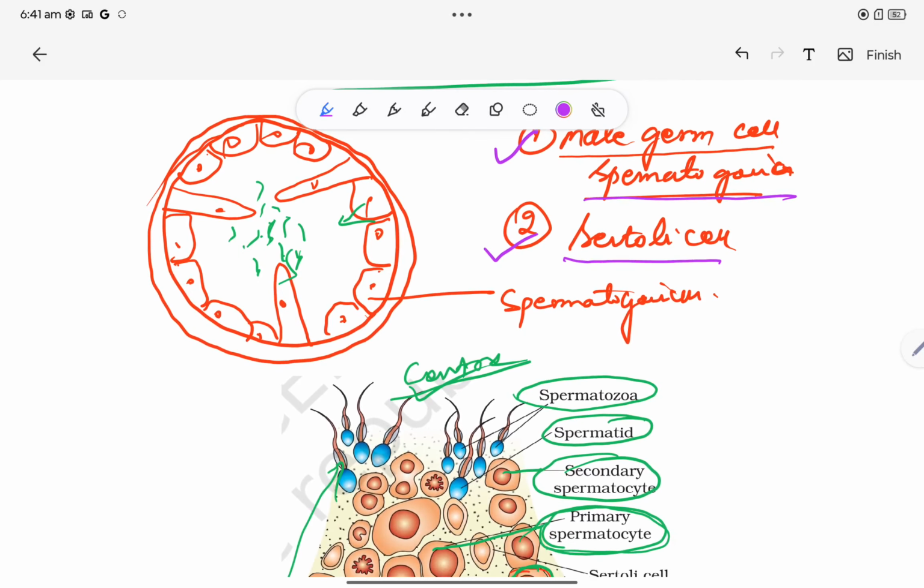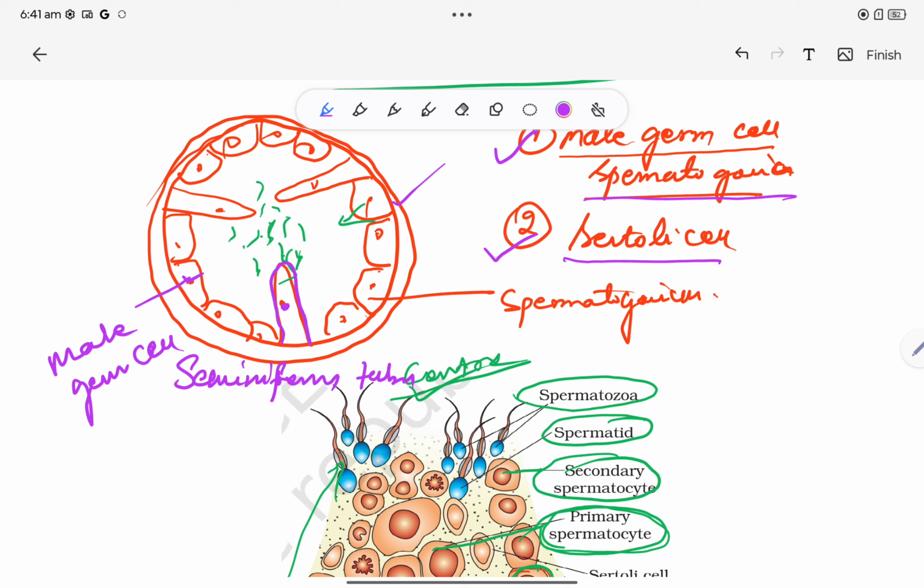So this is the section of seminiferous tubule, and here are the spermatogonial cells or male germ cells, and these are the Sertoli cells.